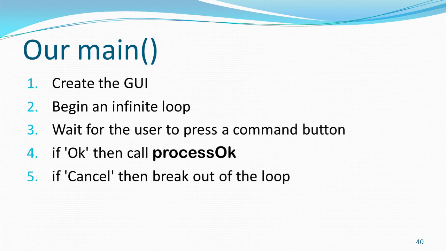Then we're going to do an event loop where we'll wait for the user to press a command button. If the user presses the OK, then we'll call process OK. And if the user presses cancel, then we'll break out of the loop, which will end the application.